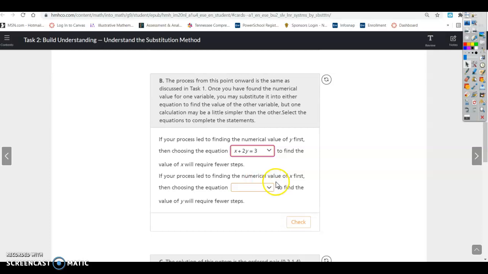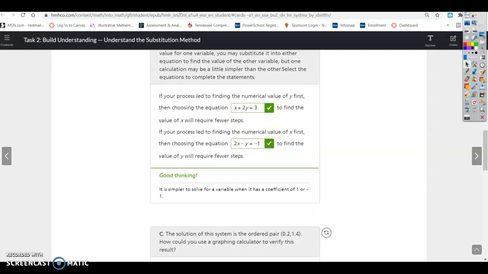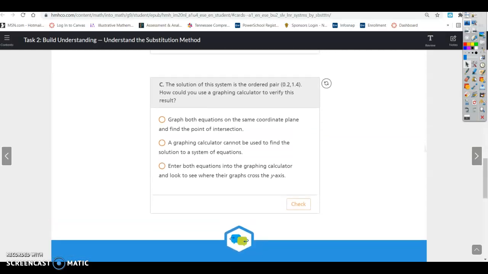If the process led you to finding the numerical value of x first, then choosing the equation 2x minus y equals -1 to find the value of y will require fewer steps. I don't really love the way those are worded, but anyways.